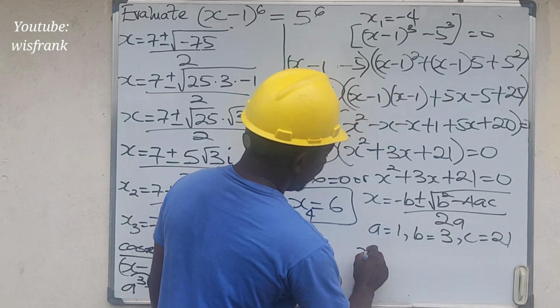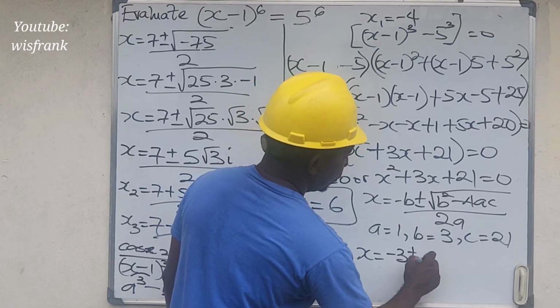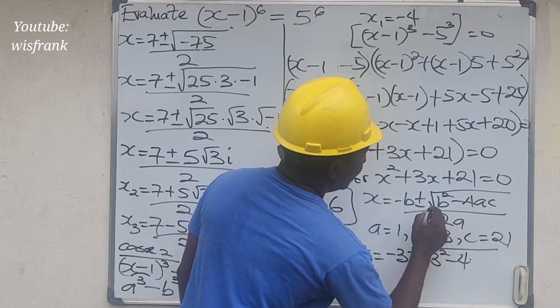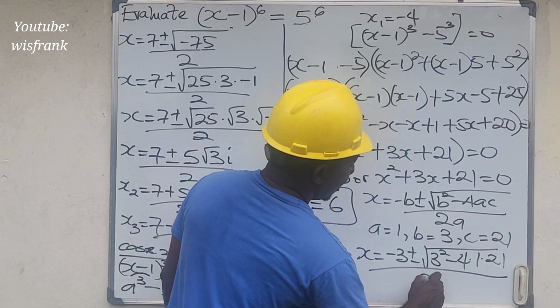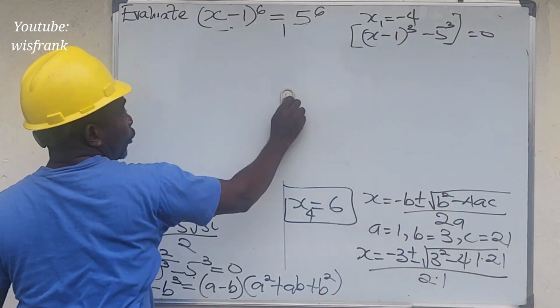So we have our value of x equals minus b, which is minus 3, plus or minus square root of 3 to the power of 2 minus 4 times a. Our a is 1, times 21, all over 2 times 1. So in that case, what we are going to do is clean this.